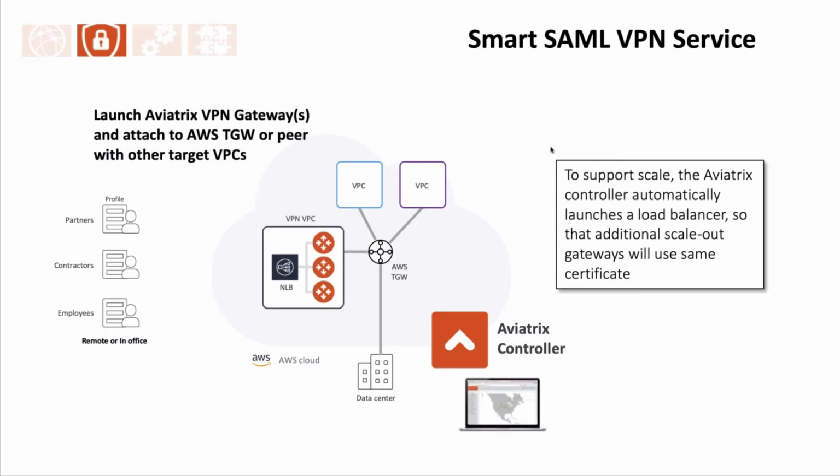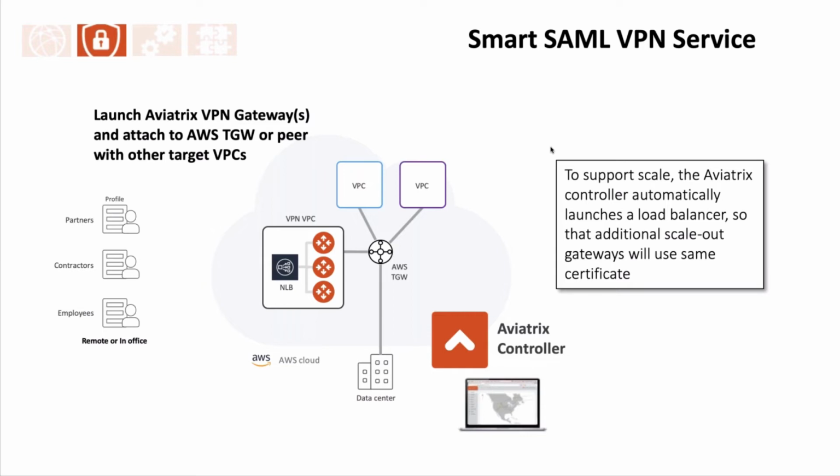So the first thing you'll end up doing is launching the Aviatrix VPN Gateways and then attaching to the transit gateway or peering with other VPCs. And when we launch, you can launch a single gateway if it's just a small environment. But many of our customers will launch multiple gateways. And when you launch multiple gateways, you have the ability to front end those with a load balancer.